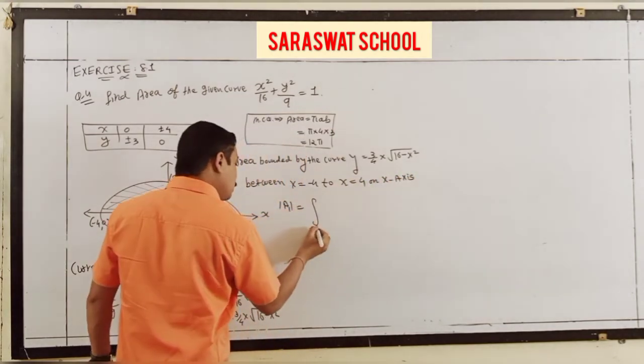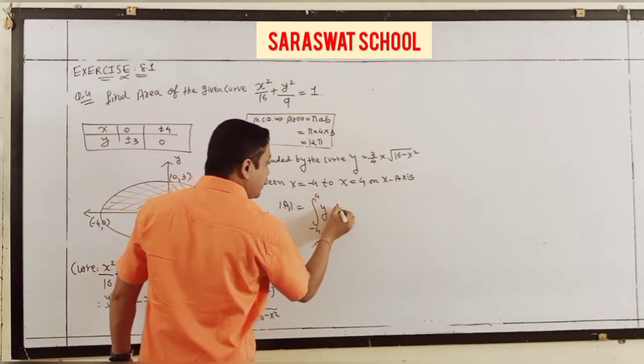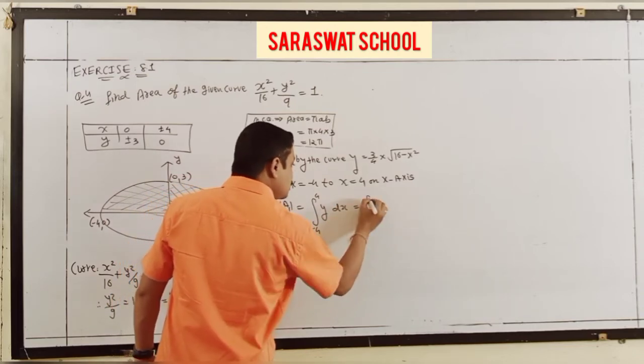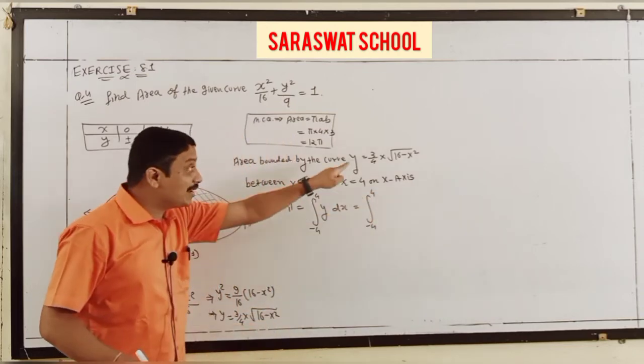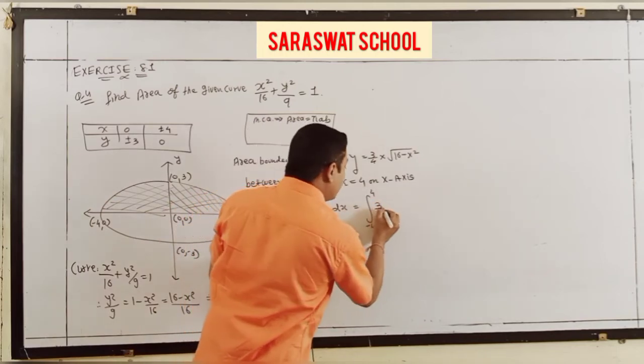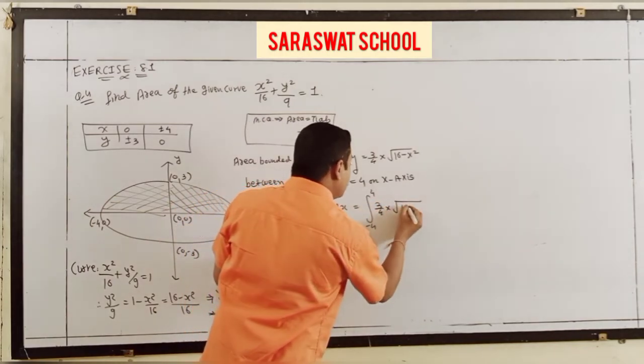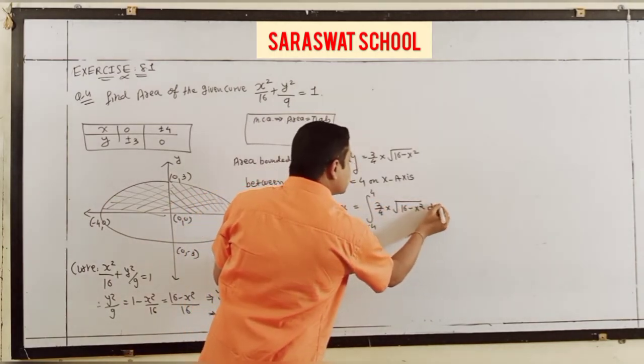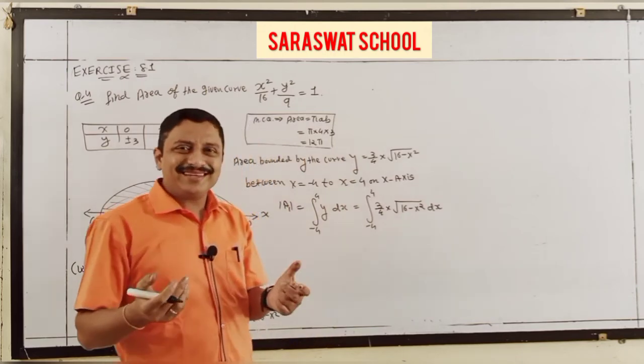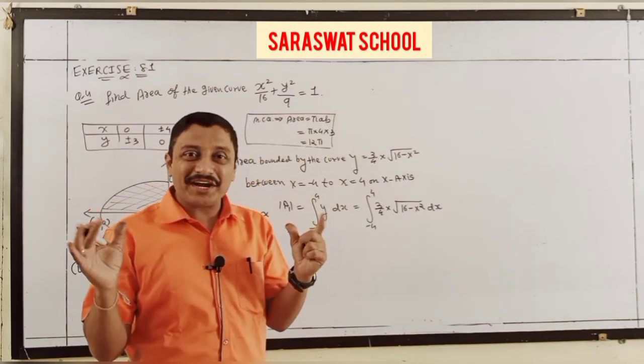So integral from -4 to 4 of y dx. Just put the y value, 3 by 4 under root 16 minus x square. Now very easily and in a simple way you can evaluate this sum.